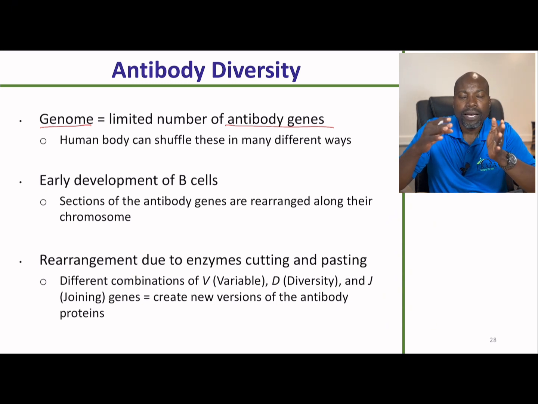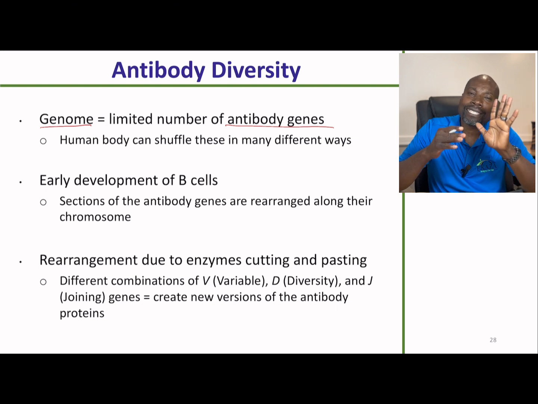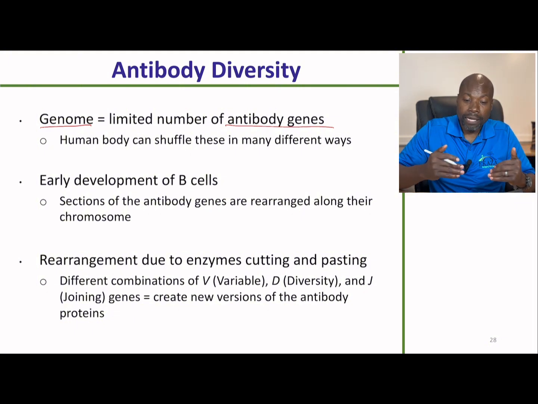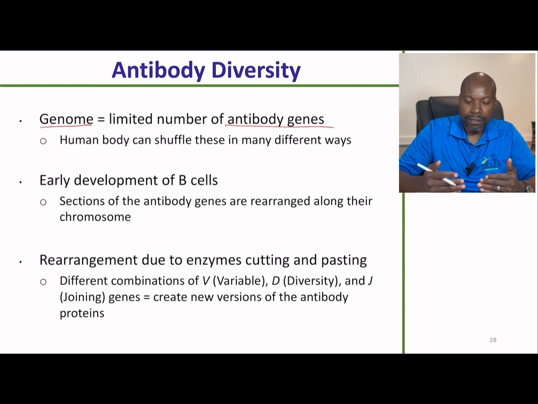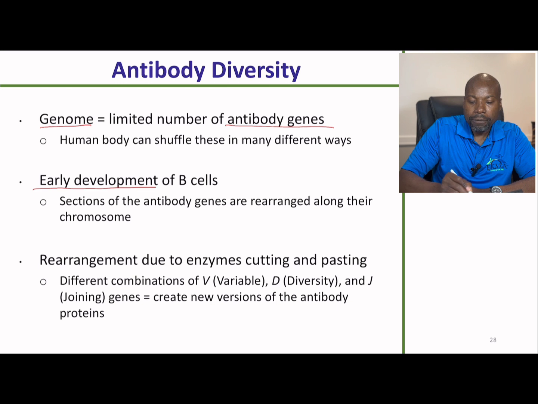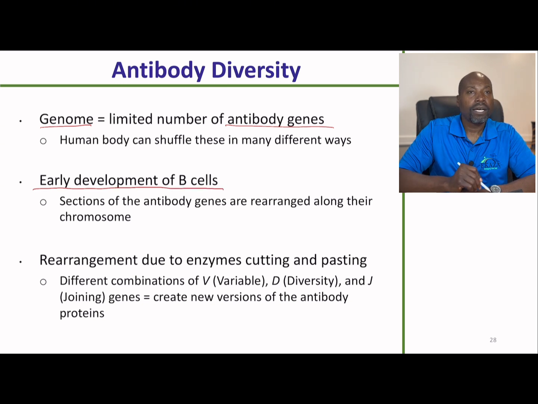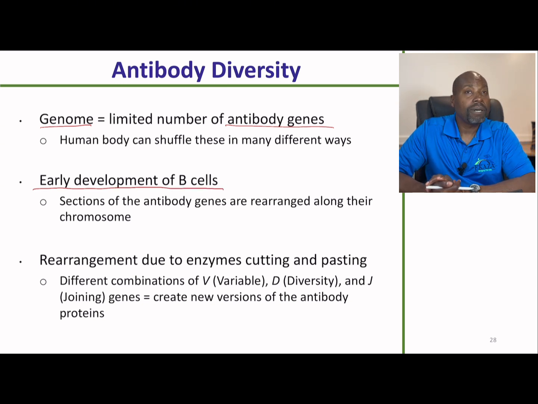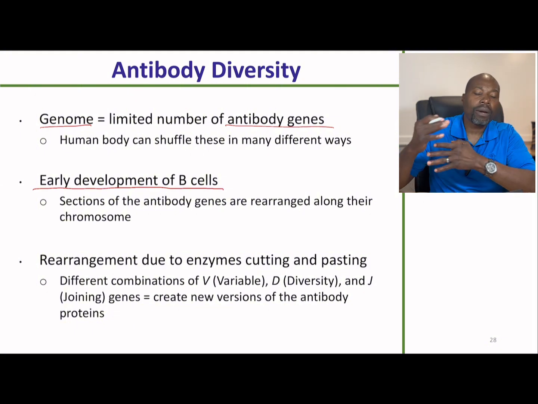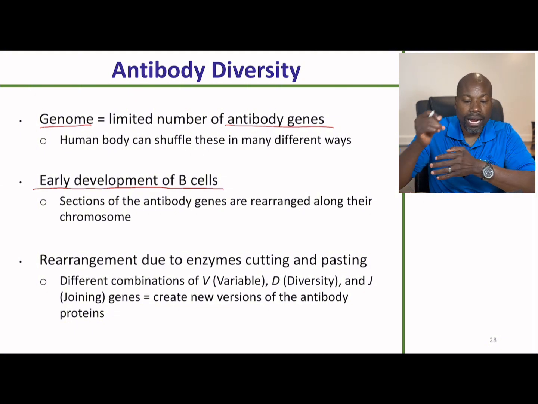However, in spite of that, you're still going to have your 5 classes of antibodies, right? And those 5 classes of antibodies are going to be determined by the genes that are present, right? So in early development of B cells, sections of antibody genes are going to be rearranged along chromosomes, right?